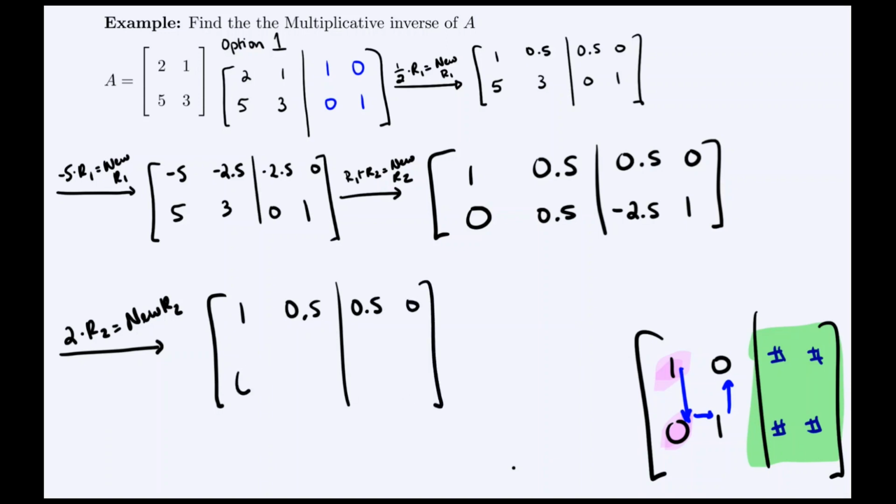Zero times 2 is 0. 2 times 0.5 is 1. 2 times negative 2.5 is negative 5. 2 times 1 is 2. Okay, so we now have our 0 in this location, or our 1 in this location.